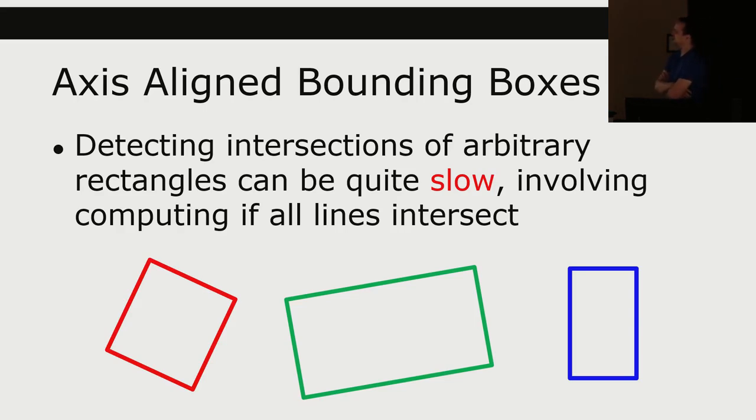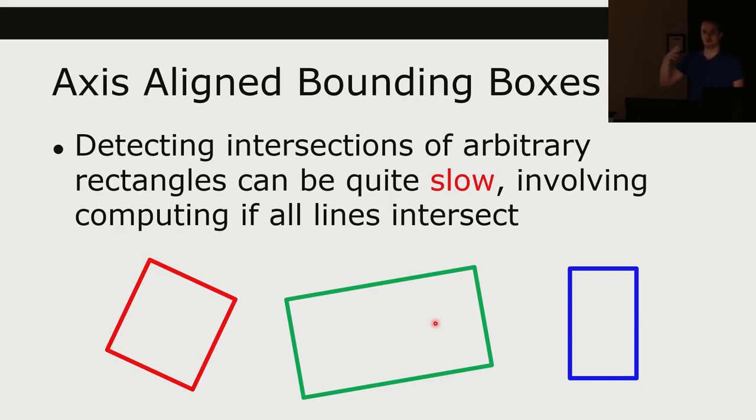But if we had to detect arbitrarily rotated rectangles, the only way to do that would be to say something like, okay, for each of these line segments, see if they intersect with any of these line segments, right? And so for 4 of these line segments, that's 16 line segment calculations, and then within a line segment calculation, which we'll be talking about in a future lecture, there may be half a dozen or more actual mathematical calculations.